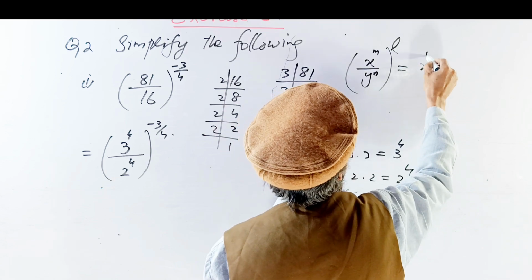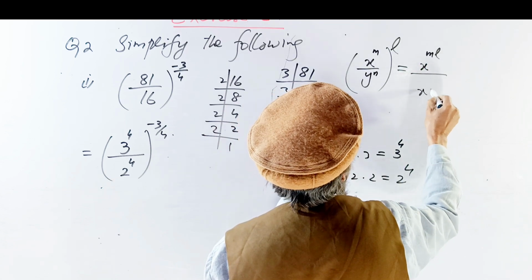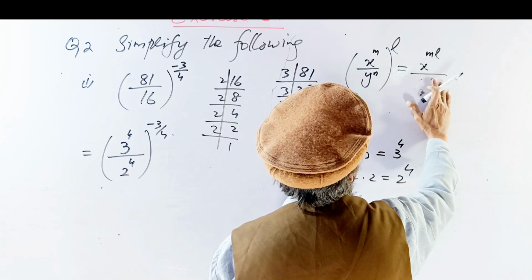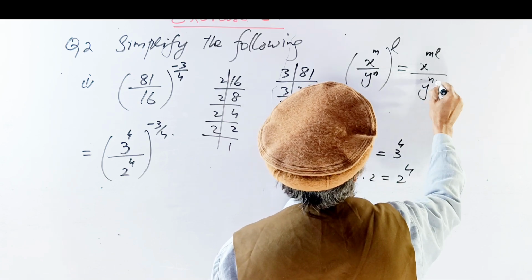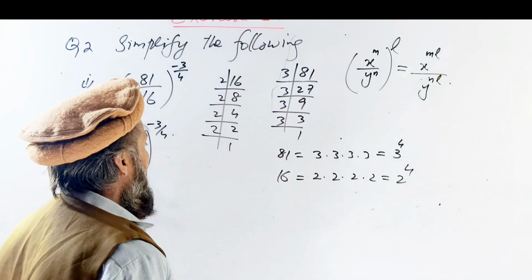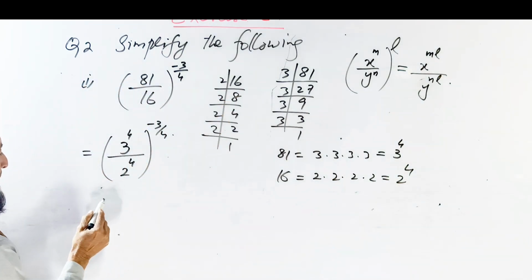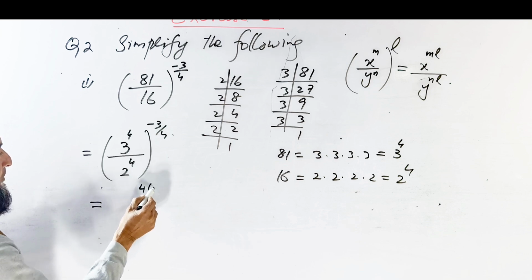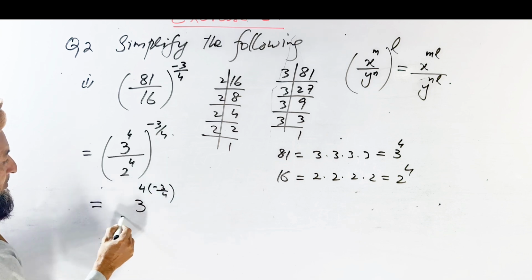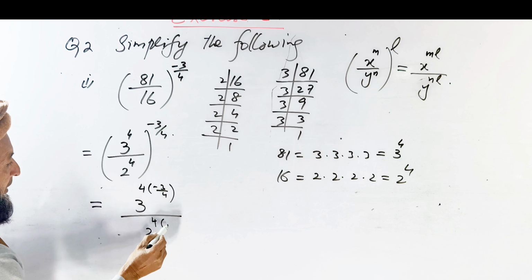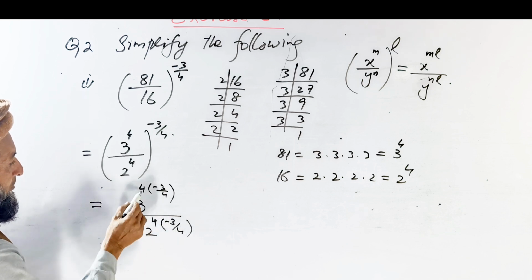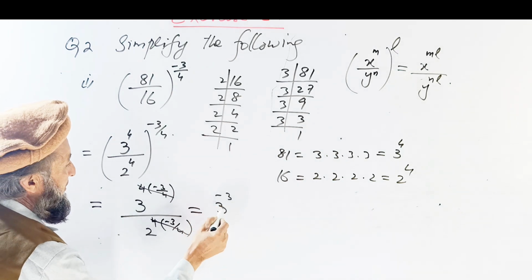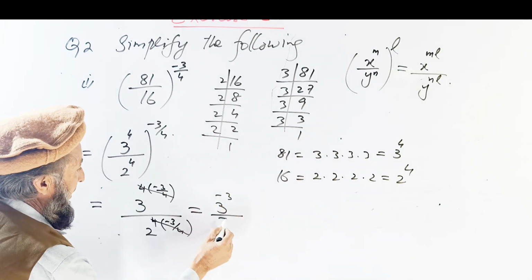So we apply 4 into minus 3 by 4 on both, and both cancel each other, and we get 3 power minus 3 and 2 power minus 3.